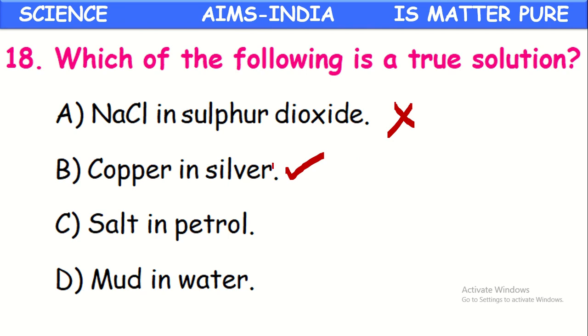But both will appear in the same phase and a homogeneous mixture will be formed. Hence, it is coming under true solution. And the remaining, salt and petrol, form a heterogeneous mixture. Mud in water is also heterogeneous. So I can say only copper in silver, in the form of alloys, forms a true solution.